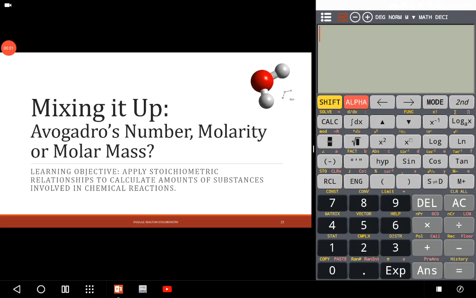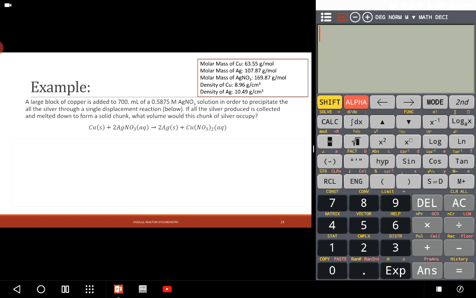In this video, we are going to be mixing it up, which means we're going to have to decide which conversion factor or conversion factors we're going to need in order to get into moles and out of moles as part of our learning objective for applying stoichiometric relationships to calculate amounts of substances involved. So here's an example problem.